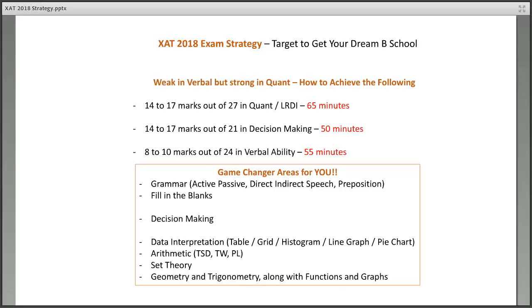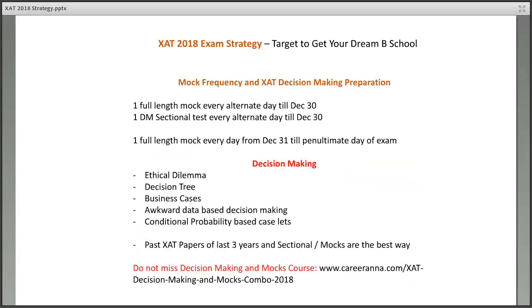And hence, in your game changing topics, you have a special place for geometry, trigonometry, functions, and graphs if you are strong in quant. For those who are weak in quant, please ignore geometry, trigonometry, functions, and graphs.